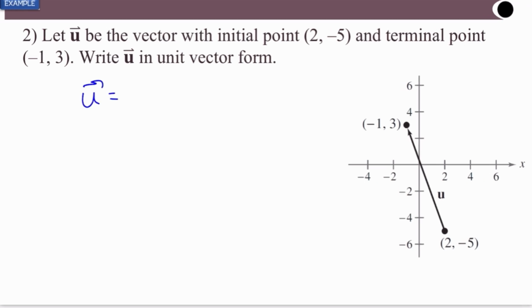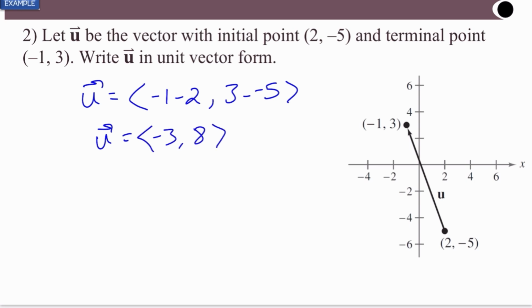So vector u will be ⟨-1 - 2, 3 - 5⟩. So that simplifies to be ⟨-3, -2⟩. Okay? So that's the answer in component form. And then in unit vector form, we can say that vector u is simply -3 times vector i plus -2 times vector j. There it is.